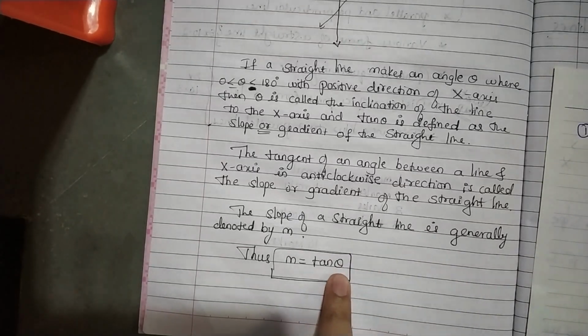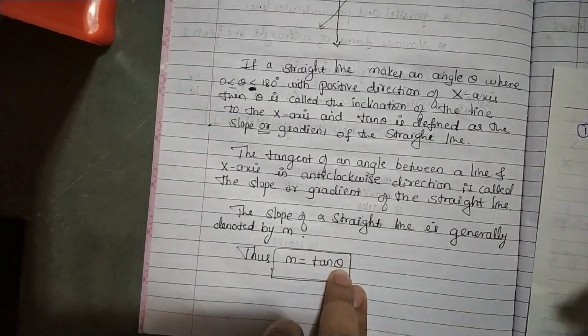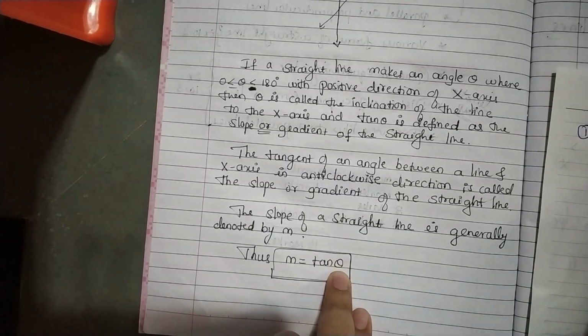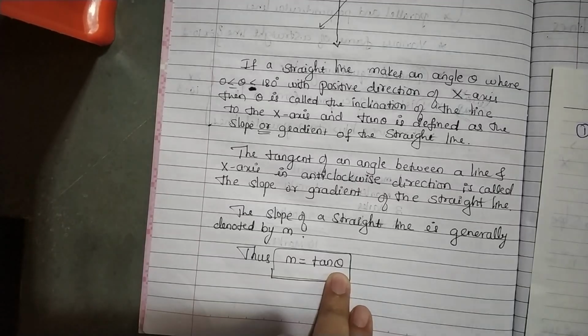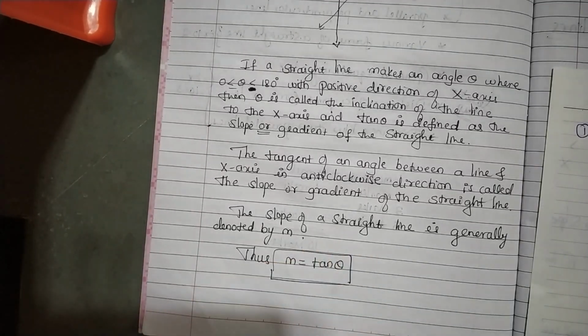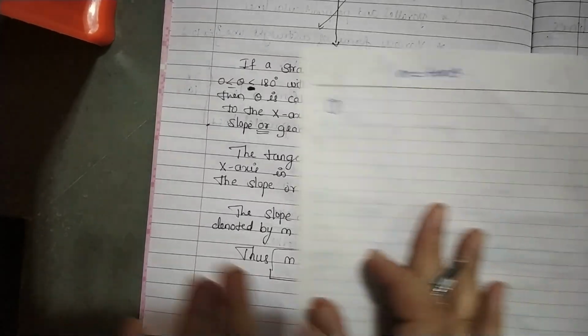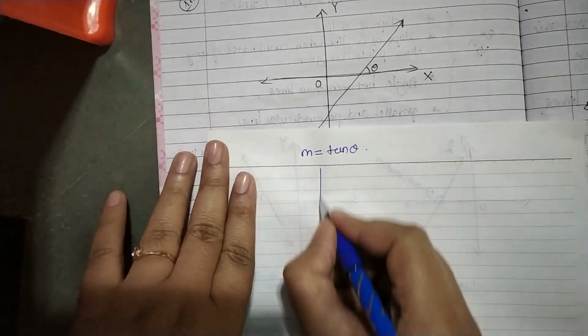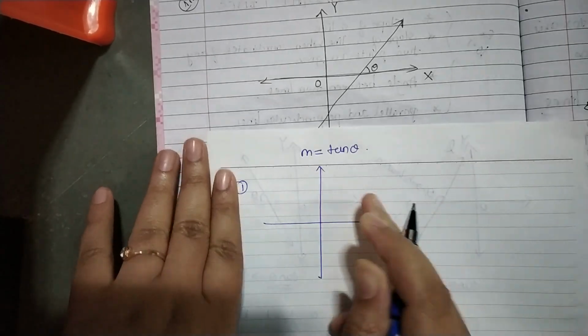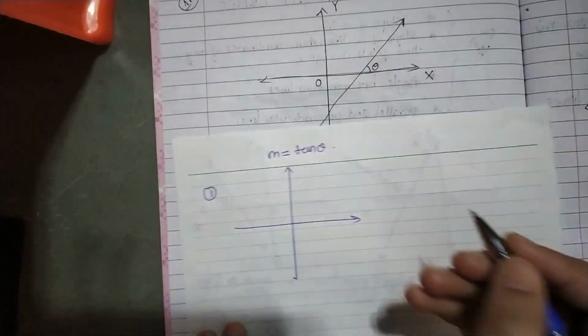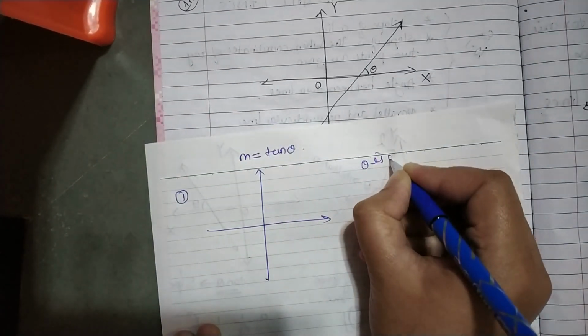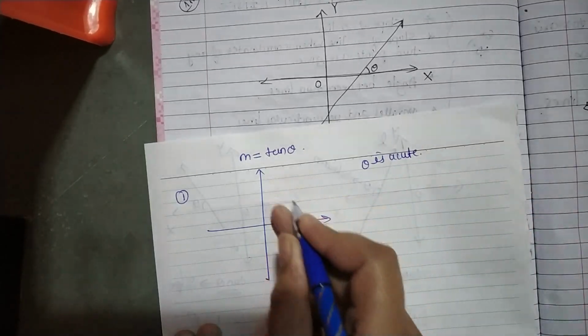If theta is acute angle, acute means it lies between 0 to 90 degree. When theta is acute, that is nothing but first quadrant.